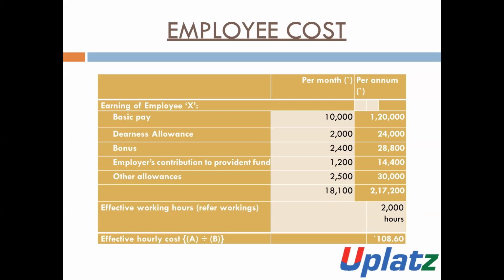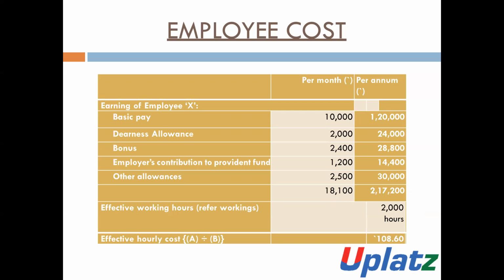This is the total earning of Mr. X, and the effective working hours are 2,000. Then the effective hourly cost is equal to 2,17,200 divided by 2,000 hours.